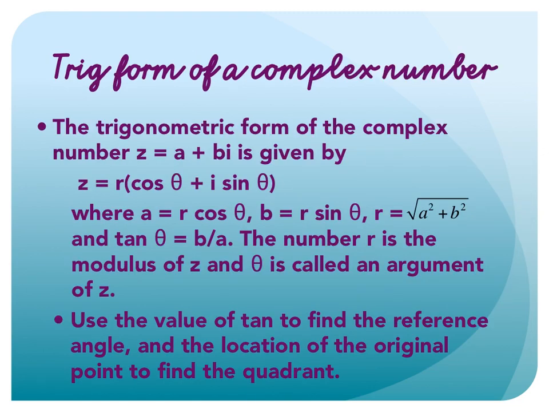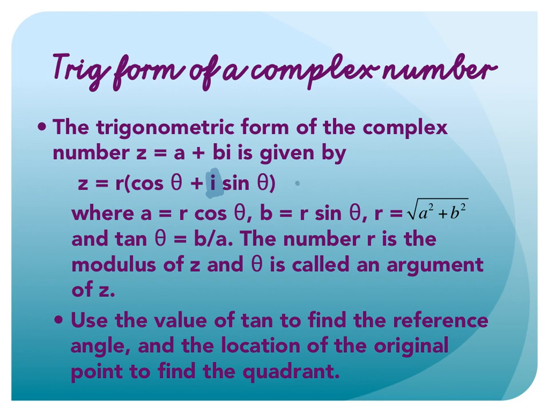Next up is the trig form of a complex number. So the trigonometric form of the complex number z equals a plus bi is given by z equals r times the cosine of theta plus i times the sine of theta. Now the i can go in front of the sine, or it can go at the end.